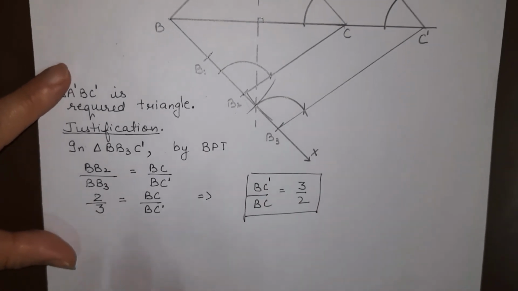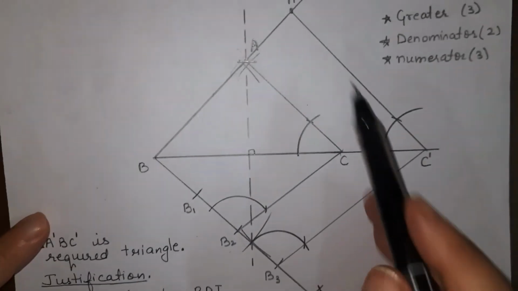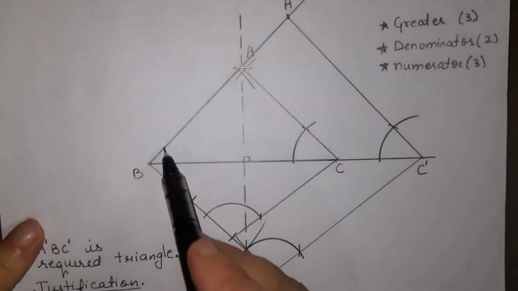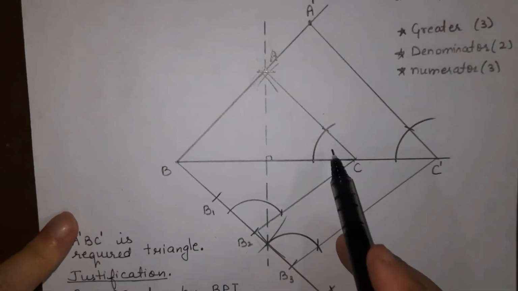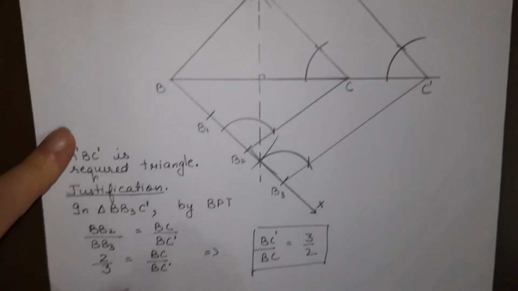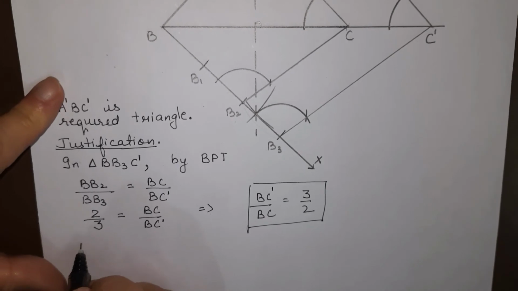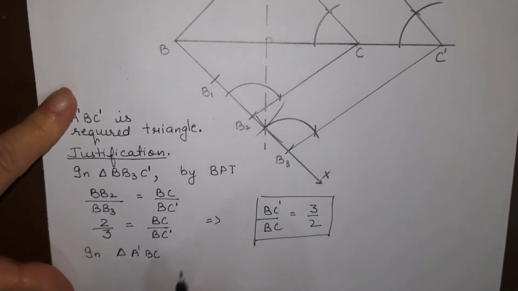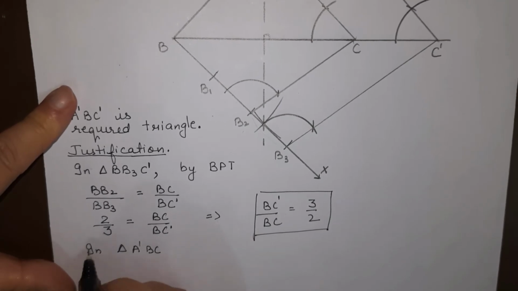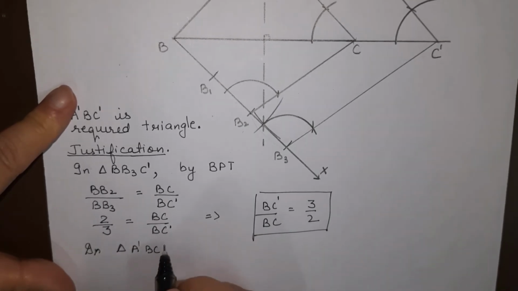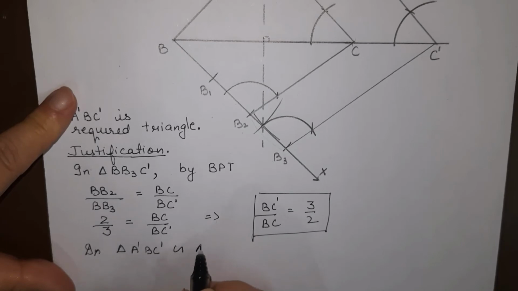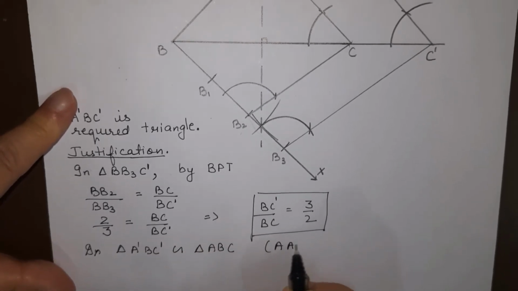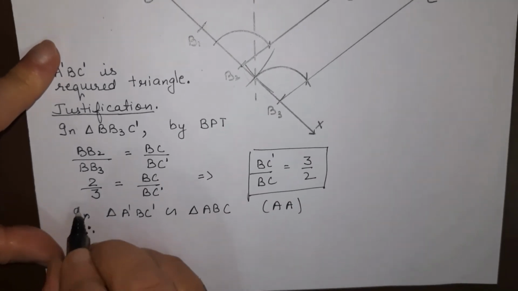Now again, see triangle ABC and A dash B C dash, they are similar triangles as their angle B is common and these two are equal. They are corresponding angles. So we have triangle A dash B C dash is similar to triangle ABC by AA similarity. Therefore, their sides are proportional.